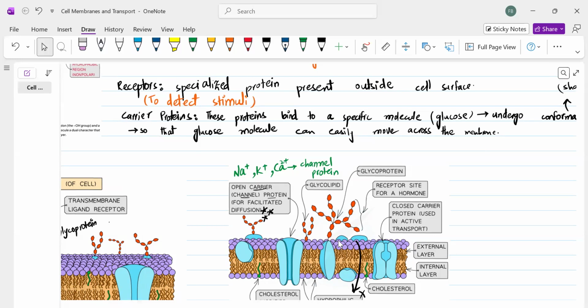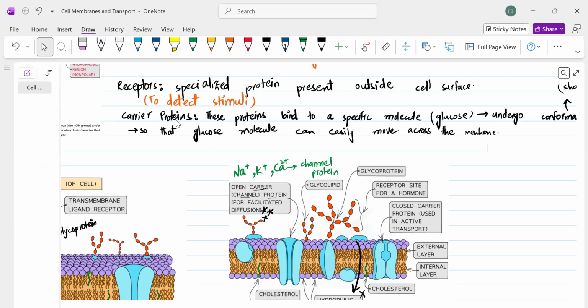Clear? You can also say that if there are many glucose molecules moving across and modifying their shape with the carrier protein, then facilitated diffusion is happening. But it doesn't happen with the glucose molecule through a channel because that is a large molecule.